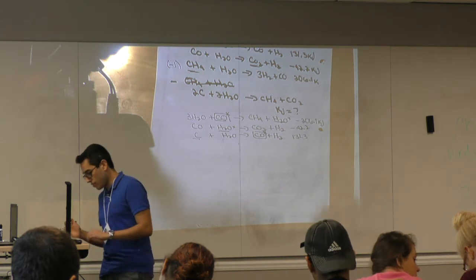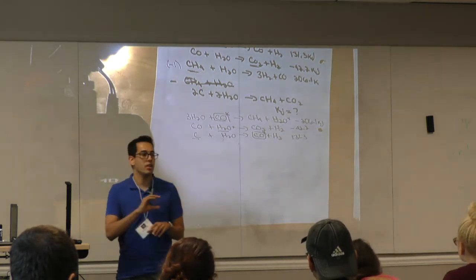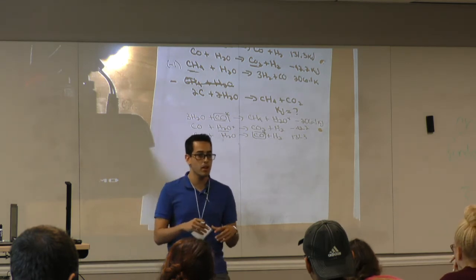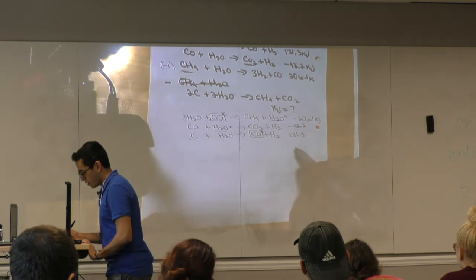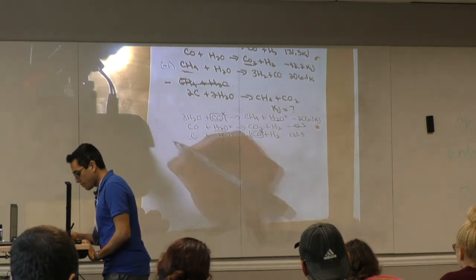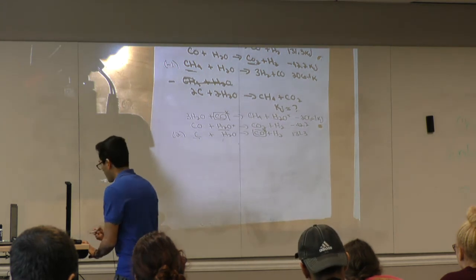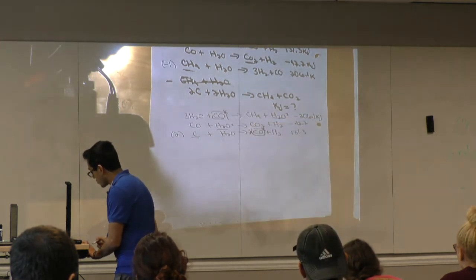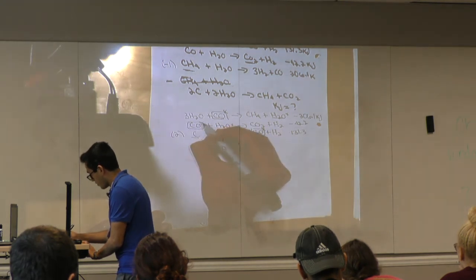So we have to put a multiplier on it so we can get it even. We can multiply this side by 2, and this results in us having 2 COs, so we can cancel both of them out.